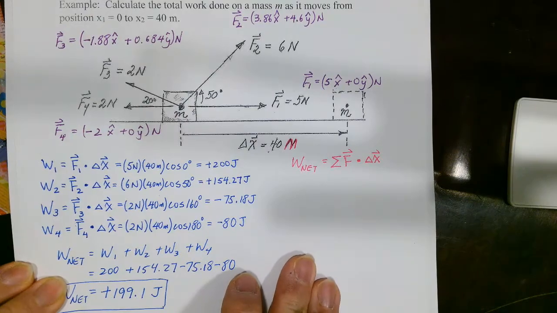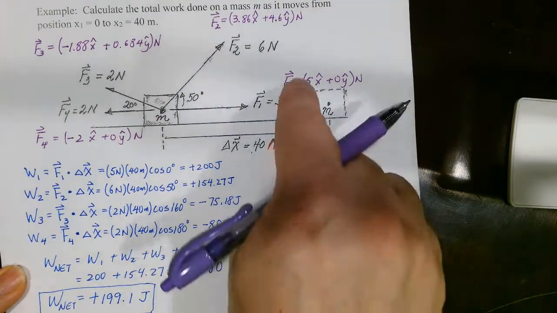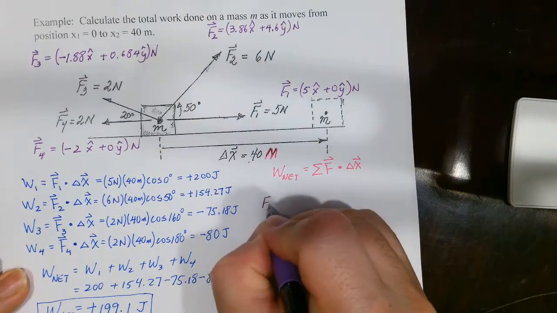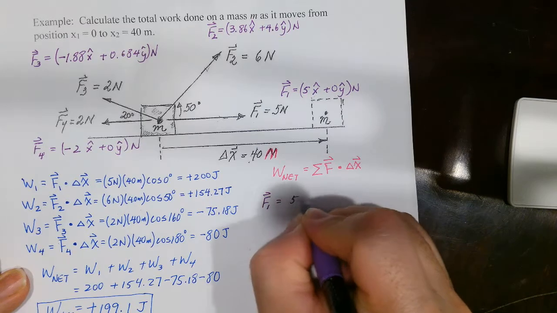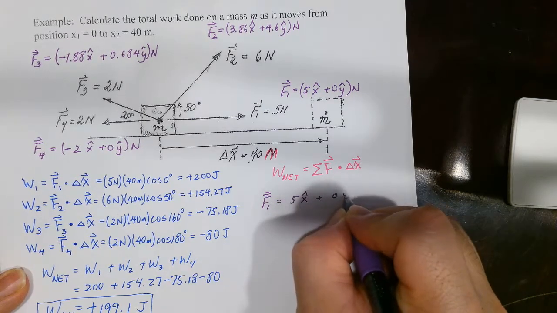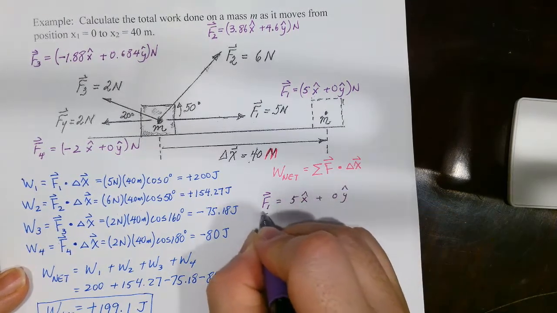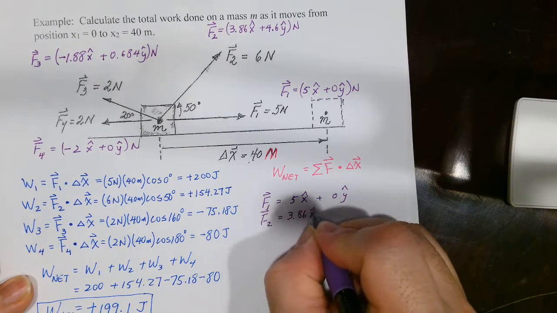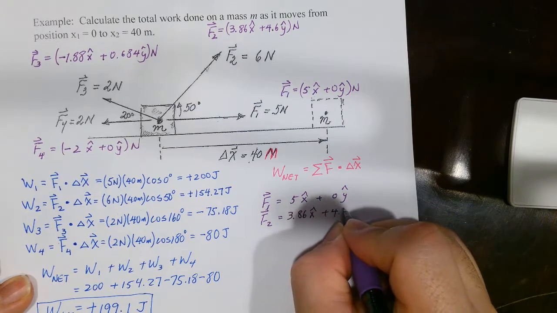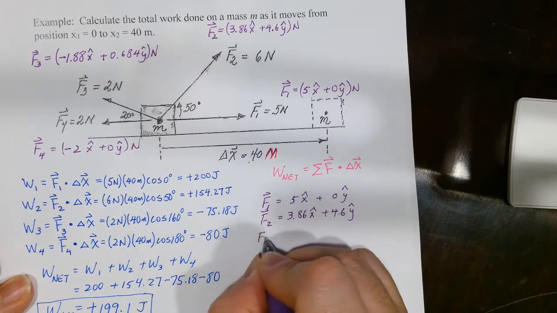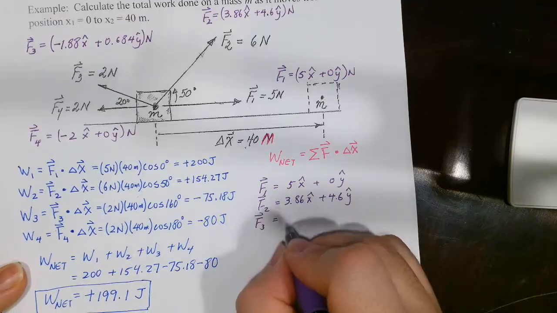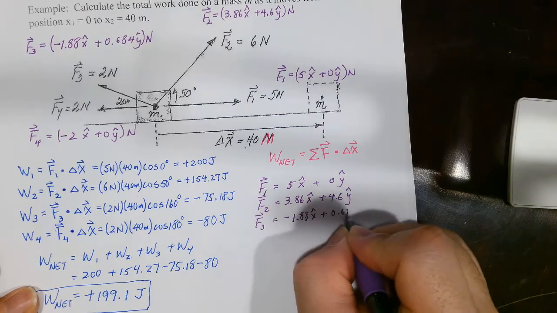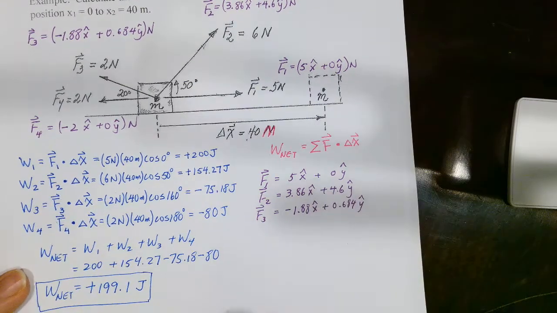To find the net force, all you have to do is add these four forces in Cartesian form. Your F1 is 5 x hat plus 0 y hat. Your F2 is 3.86 x hat plus 4.6 y hat. Your F3 is negative 1.88 x hat plus 0.684 y hat.